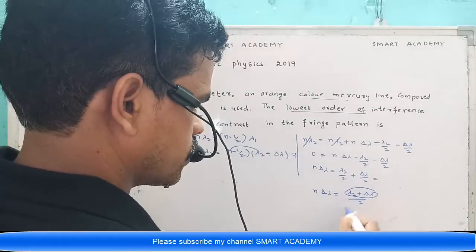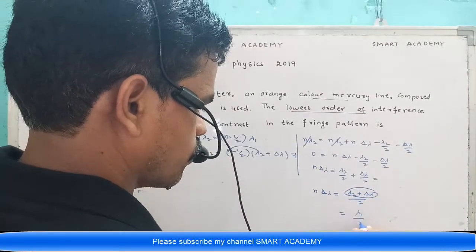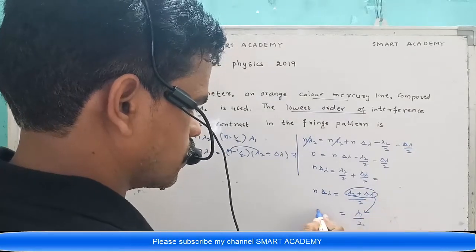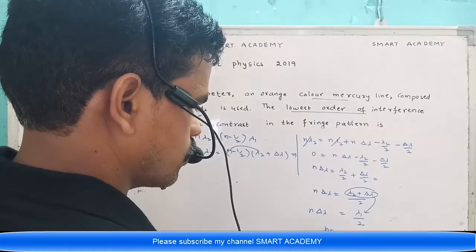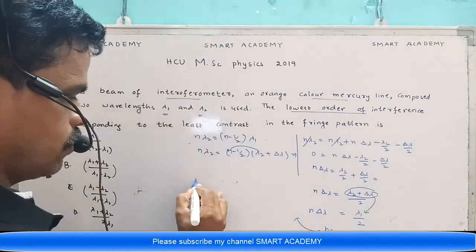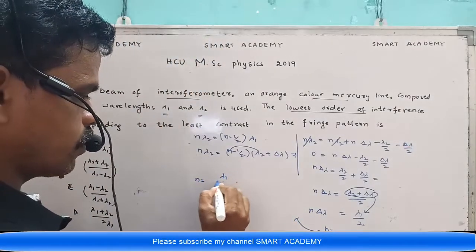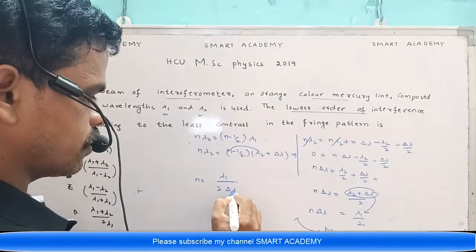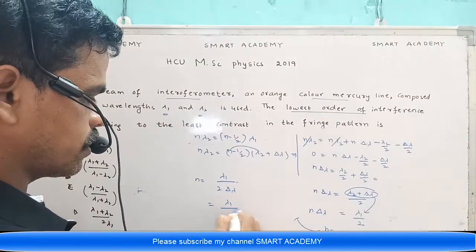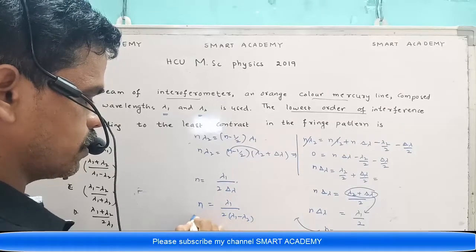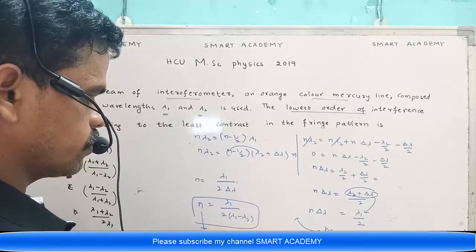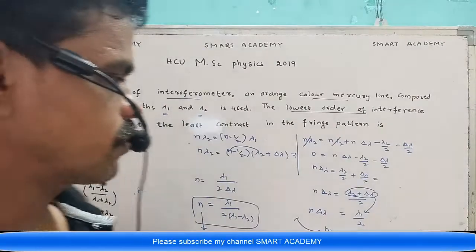So we have the relation lambda 1 by 2. We substitute here, n delta lambda, n equals lambda 1 by 2 into delta lambda. So we can write n equals lambda 1 by 2 times lambda 1 minus lambda 2. Here n is nothing but the least order of interference.